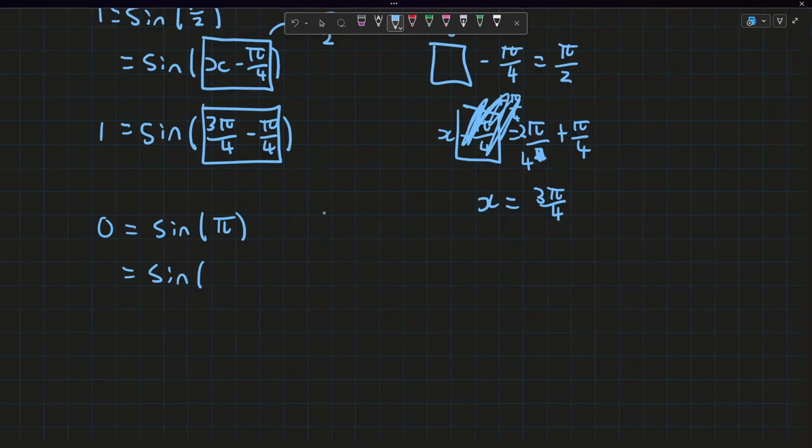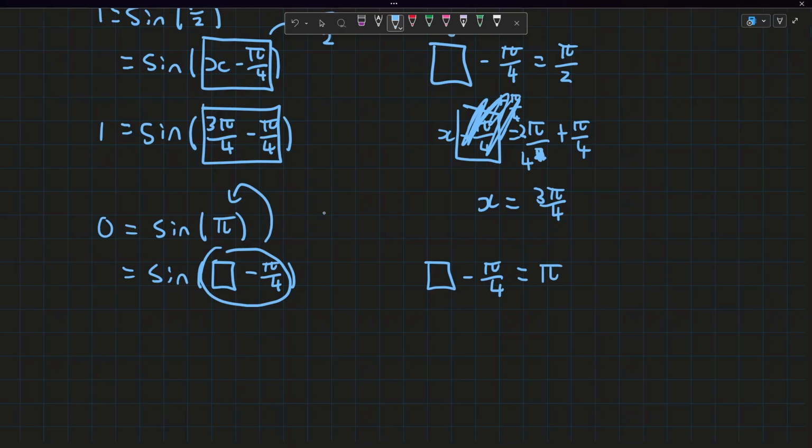We want to know what x needs to be, so that when we minus pi on 4, we will get this whole thing to equal pi. So we can write it down: what minus pi on 4 equals pi, and then we can add pi on 4 to both sides to cancel out that, and that will just tell us what our blank is.